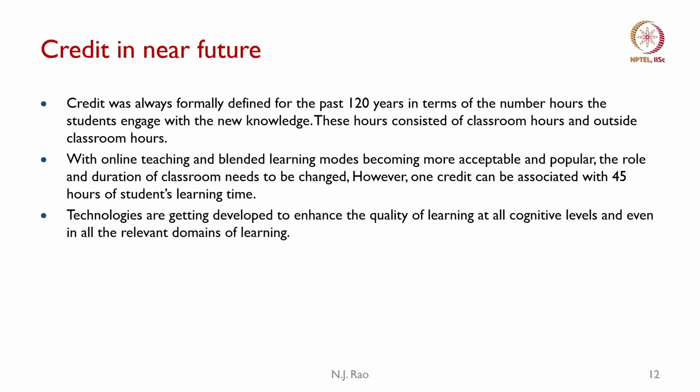After about 2 or 3 years of discussion, this group decided that whatever vague definition we have about the credit should be continued. There is no other alternative that they could produce.